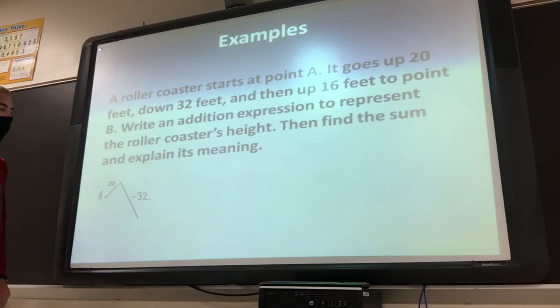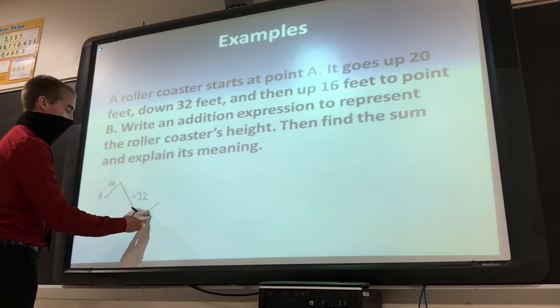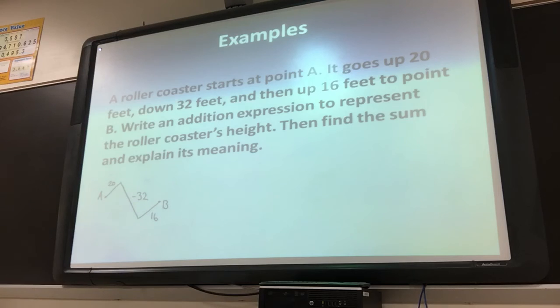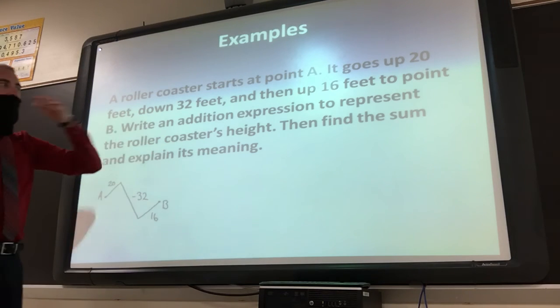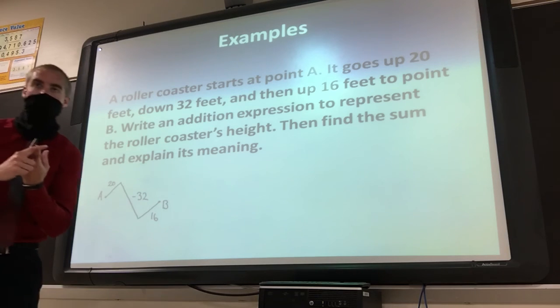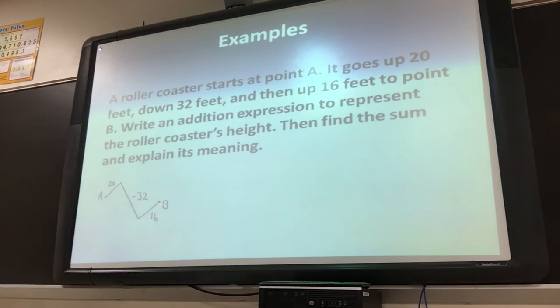And then it goes up 16 feet to point B. So first of all, write an addition expression to represent the roller coaster ride. So we've got to make sure we do everything this question asks. So if I were to ask you this question, I would need to see an addition expression and then the answer. So 20 and 16 are both going to be positive because you're going up.